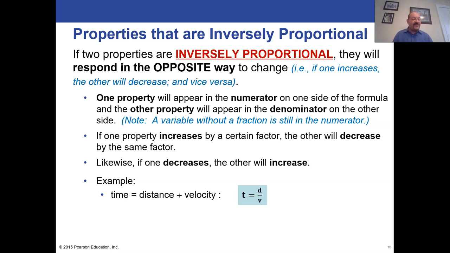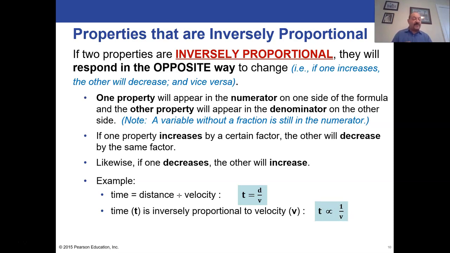So I took the same formula, rearranged it, and solved for time. And now you see time equals distance divided by the velocity or the speed. So time is proportional to distance because it's on the top, but it's inversely proportional to velocity.